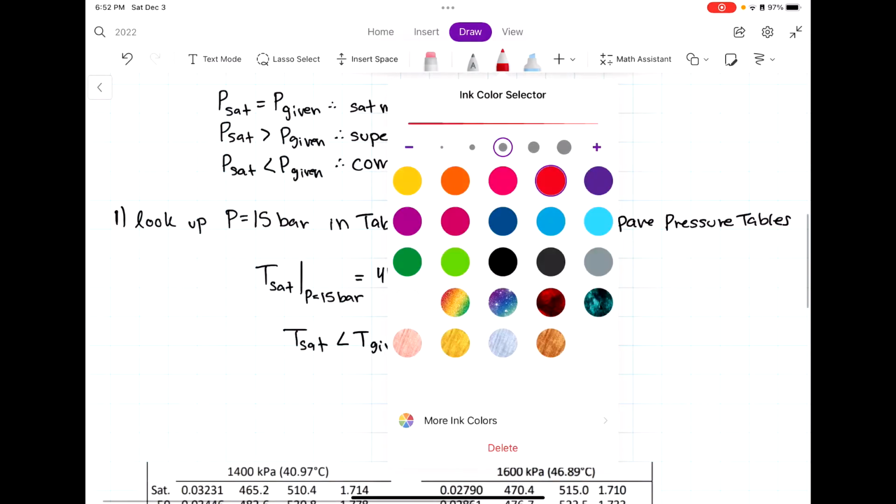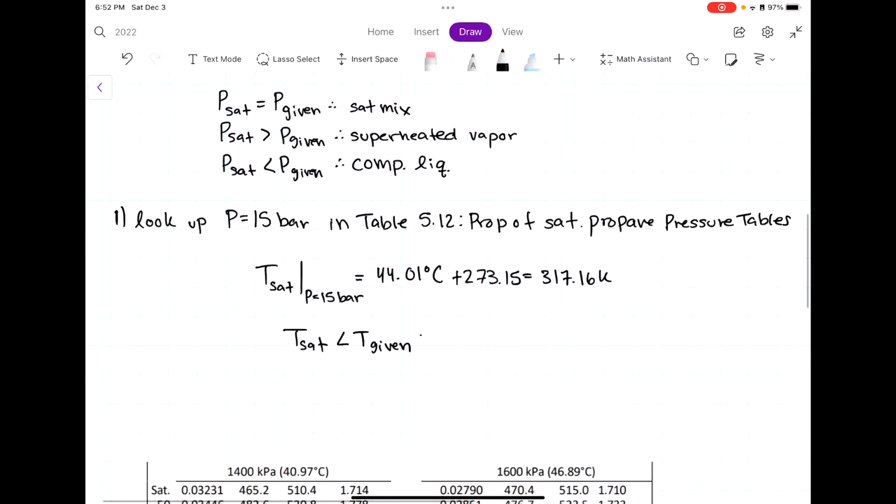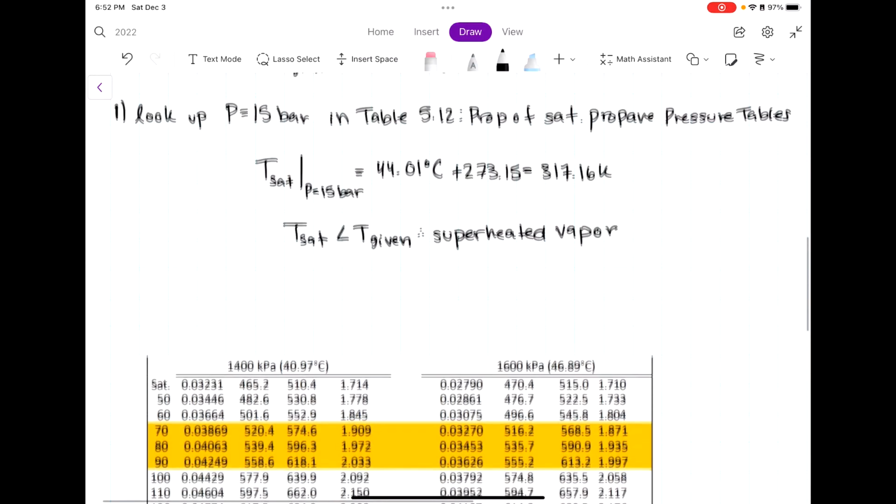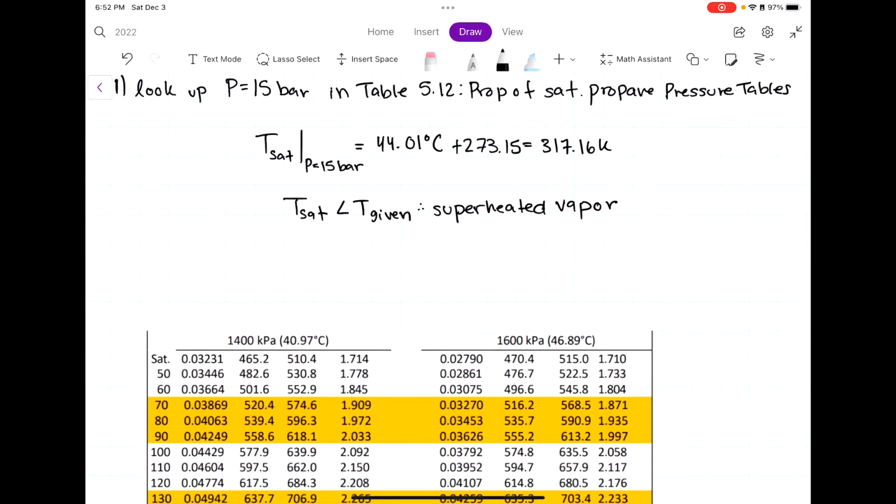So our propane right now is a superheated vapor. And since it's a superheated vapor, we are going to find the specific volume in the superheated propane tables. Not the compressed liquid one or the saturated one, but the superheated propane tables. So the next part of our plan was to find V2, or the specific volume.